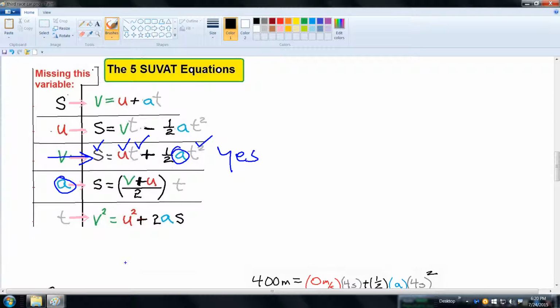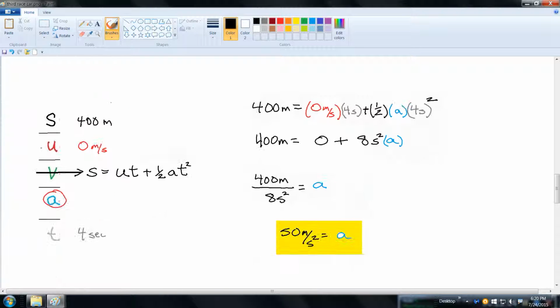So we're looking for a. Okay, and let's go down here. Since we're solving for a, if you want to rearrange your equation so it's equal to a before you put in the data, that's fine. I just do it this way.